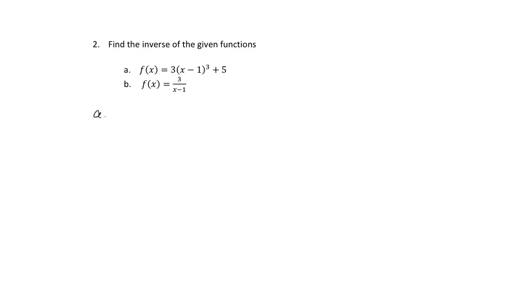So for part A, when you find the inverse of a function, remember you switch the place of x and y. So it's going to be x equals 3 times y minus 1 cubed plus 5. Now to get y by itself, first step we're going to do is subtract 5. And then divide by this 3 right here, divide both sides by 3.